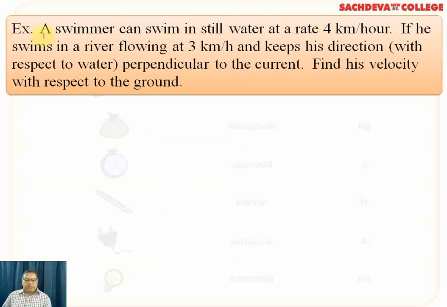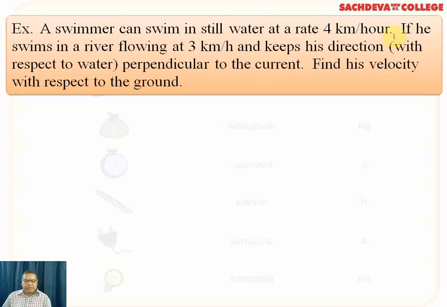Now in the example, it is given that a swimmer can swim in still water at the rate of 4 kilometers per hour. Either the dimension will remain kilometer per hour, or if we want to convert it to meters per second, it should be multiplied by 5 over 18. So it depends upon how the solution will be made.